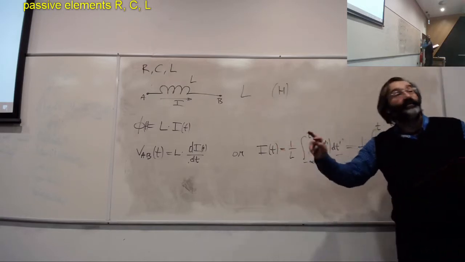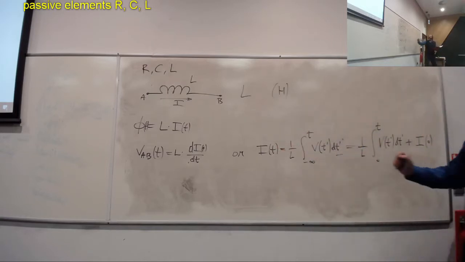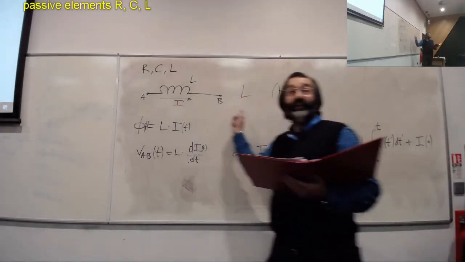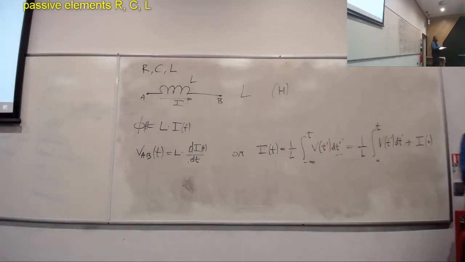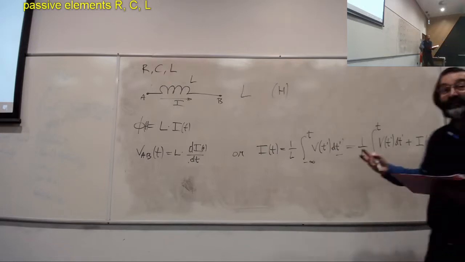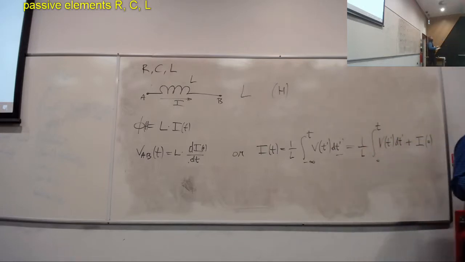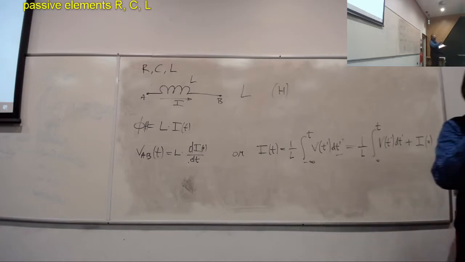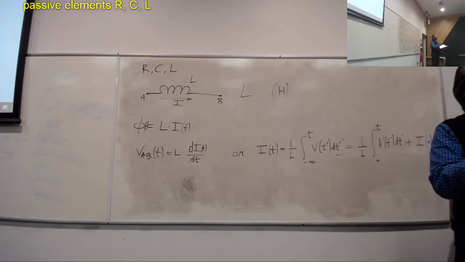So it does not allow sudden changes in the current passing through it. Okay, this means that I can use the inductor to generate sudden spikes in voltage. Do you know anything where this is applied? Sudden spikes.